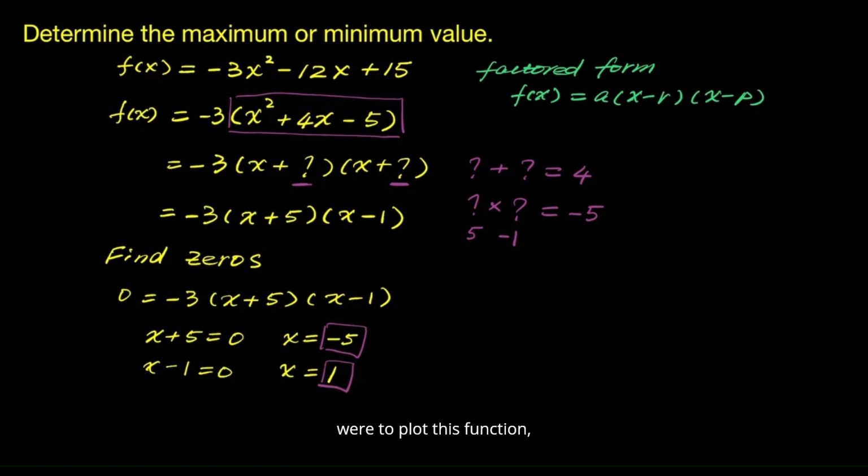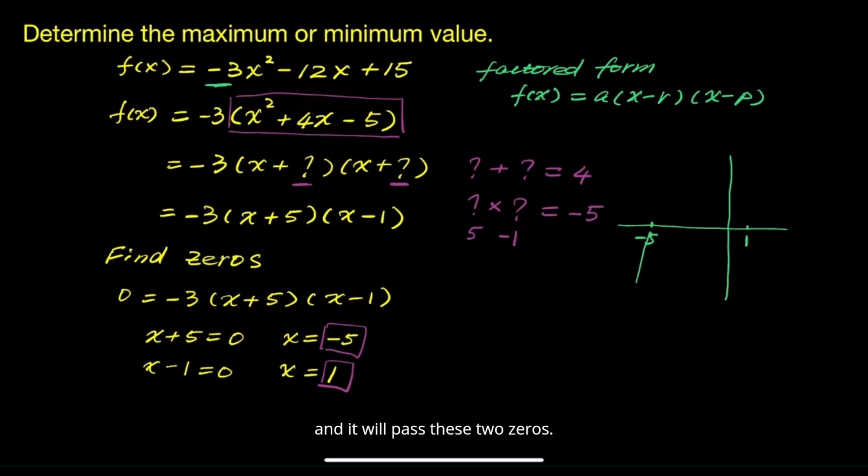If we were to plot this function, one zero is at negative 5 and the other is at 1. Since our function has a negative leading coefficient, negative 3, we know the parabola opens downwards and it will cross these two zeros.